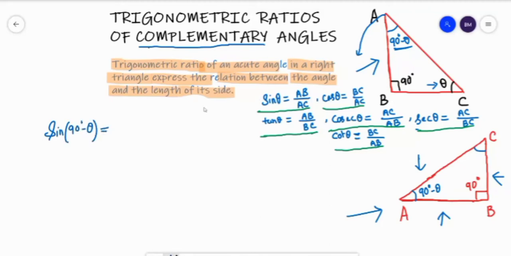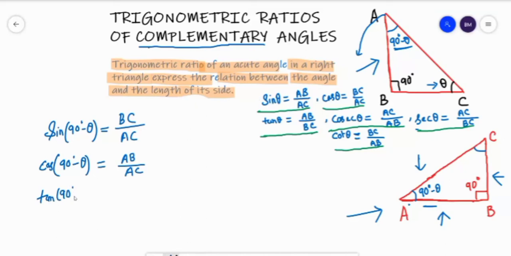That is height, BC, divided by the hypotenuse AC, equal to BC by AC. Next, cos of 90 degree minus theta will be base AB divided by hypotenuse AC, AB by AC.